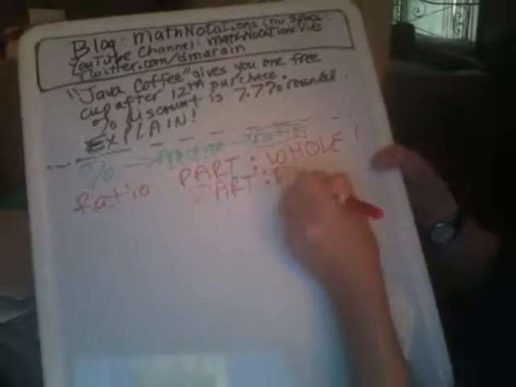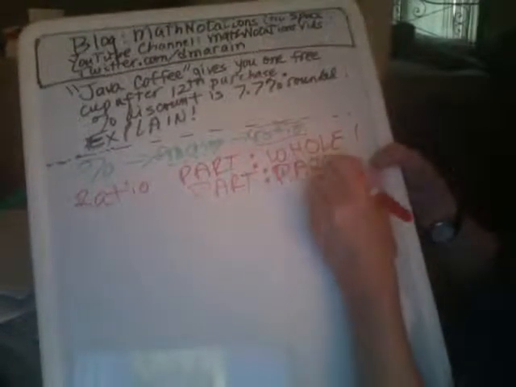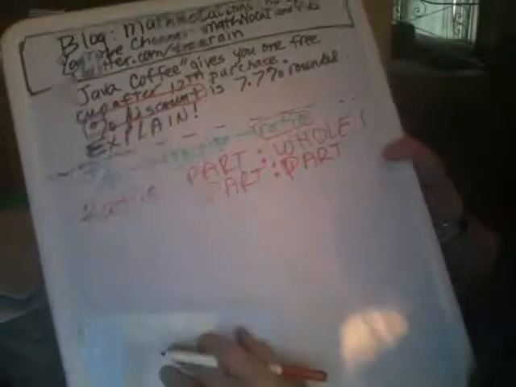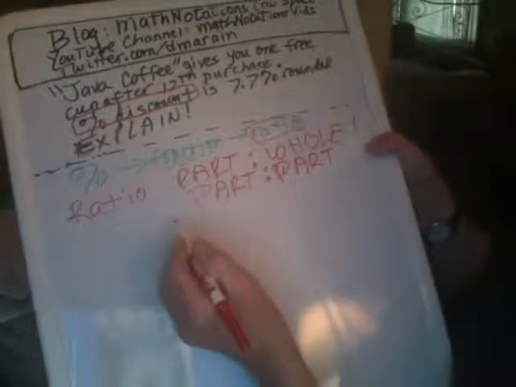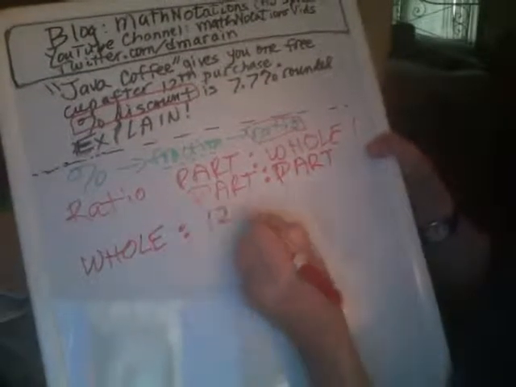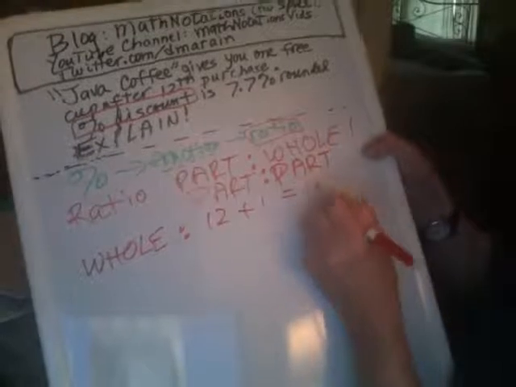Very powerful heuristic for learning mathematics. And in our problem, we have to get the students past the phrase percent discount and help them to understand we're just looking for a ratio. And in this case, we need to know what the whole is. And the whole is 13 cups.